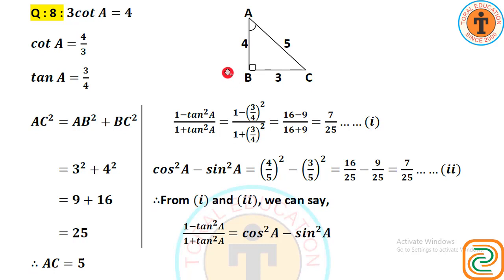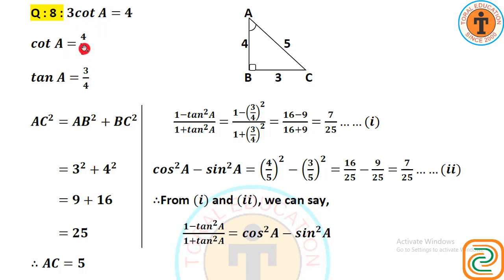If 3 cot A equals 4, check whether (1 minus tan square A) upon (1 plus tan square A) equals cos square A minus sin square A. We have to check this. Yes, 3 cot A equals 4, that is cot A equals 4 upon 3.